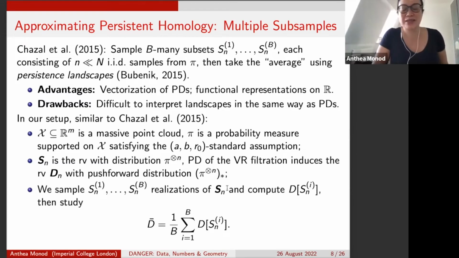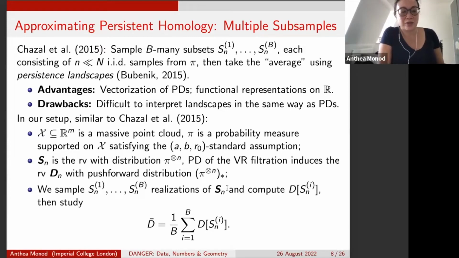But these are the objects that were studied in the multiple subsampling case by Fred Chazal and his collaborators. The advantage of the computations that they're doing using these landscapes is that now we have something that's linear. They're working in a linear space as opposed to the space of persistence diagrams, which is nonlinear.